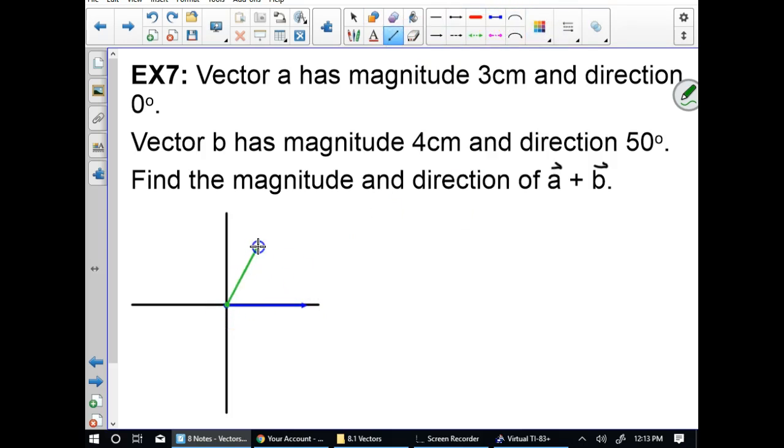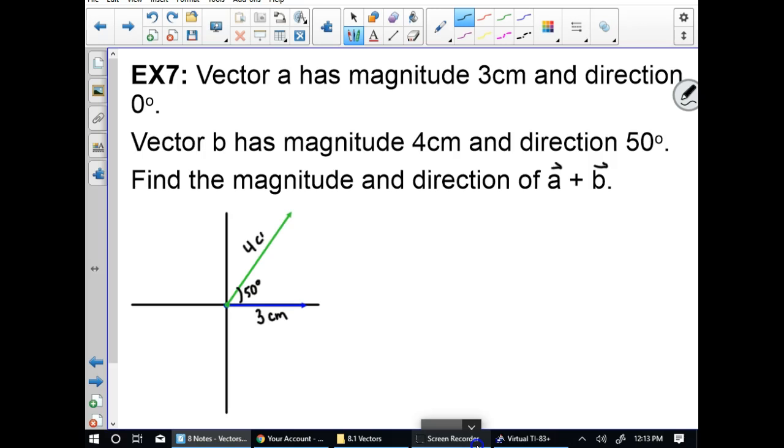It's a little bit longer here. And we know that this angle right here is 50 degrees. This side right here is 3 centimeters, and this is 4 centimeters.